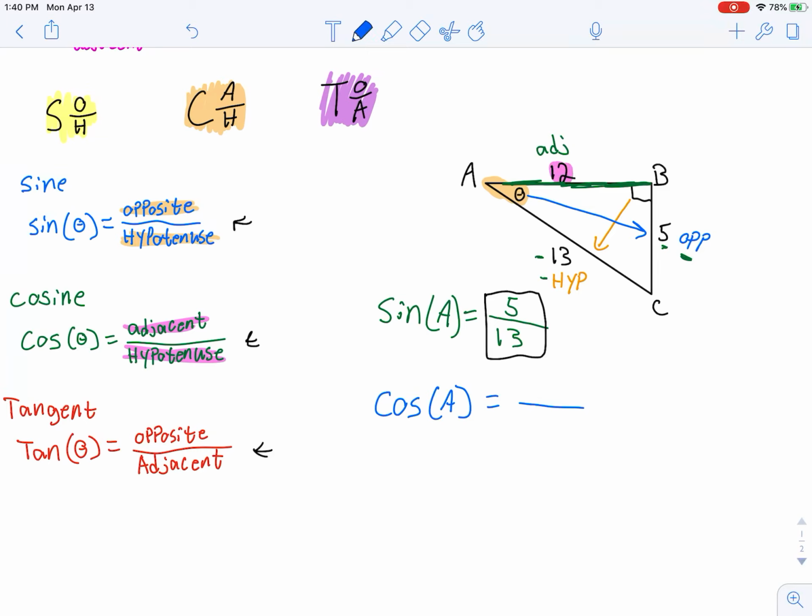So the 12 is going to go on the top. And then my hypotenuse was 13, so that's going to end up on the bottom, since my hypotenuse is on the bottom for cosine. And boom, done. That's it. That was my answer. Okay? Shouldn't get too much harder than this. Alright, so let's get practice of just labeling some triangles.